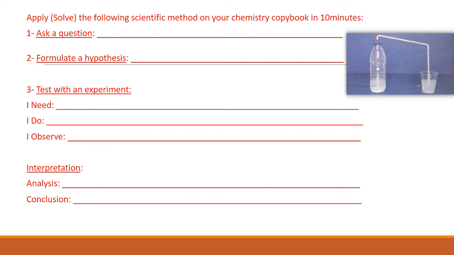We have to set a hypothesis, we assume that if we add baking soda plus vinegar, these three substances will be produced. We start the hypothesis with the word maybe: maybe these three substances will be produced.